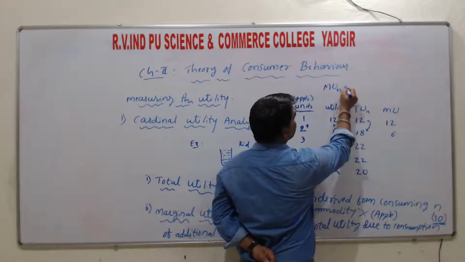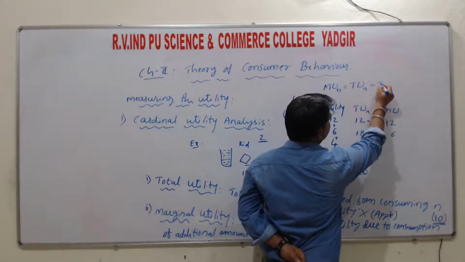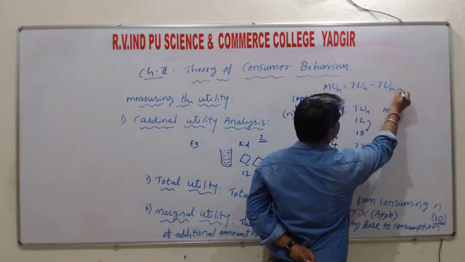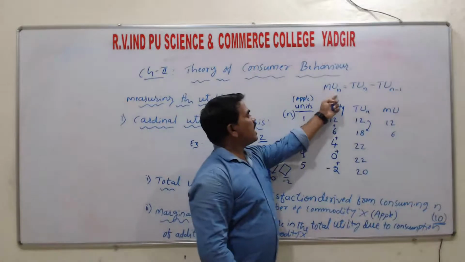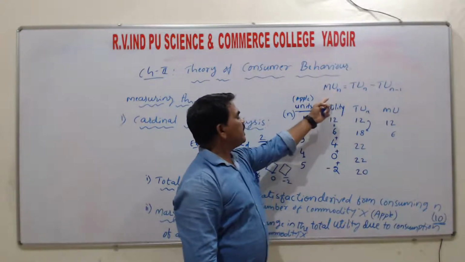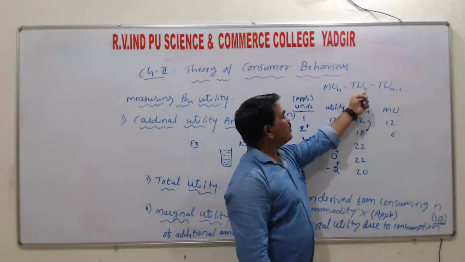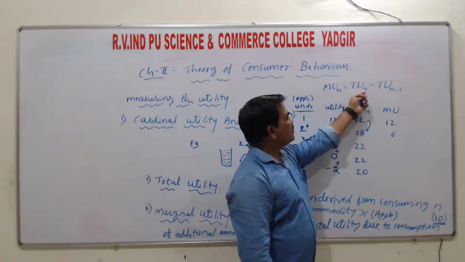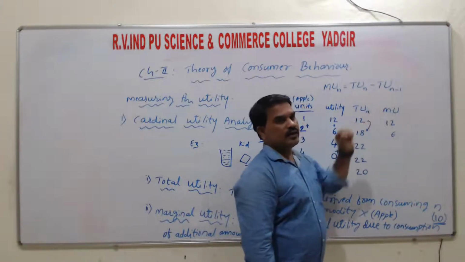MUn is equal to TUn minus TUn minus 1. So MUn, marginal utility at the nth unit, is equal to total utility at the nth unit minus total utility at n minus 1 units.